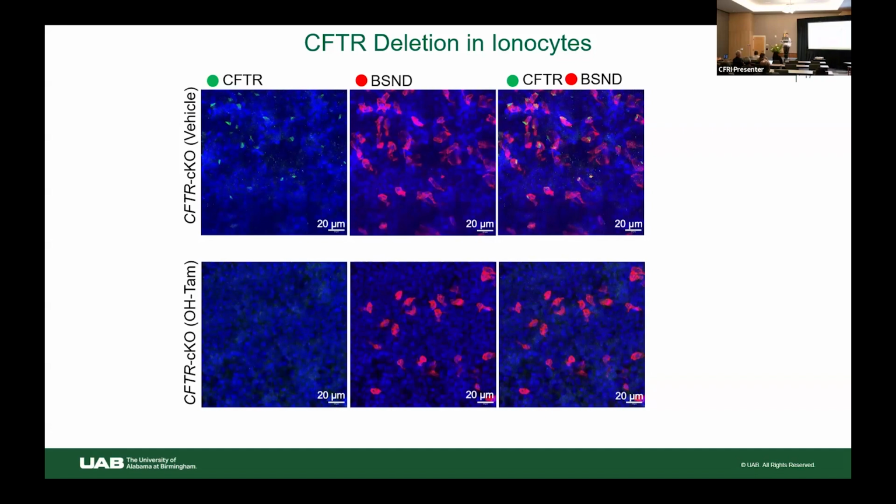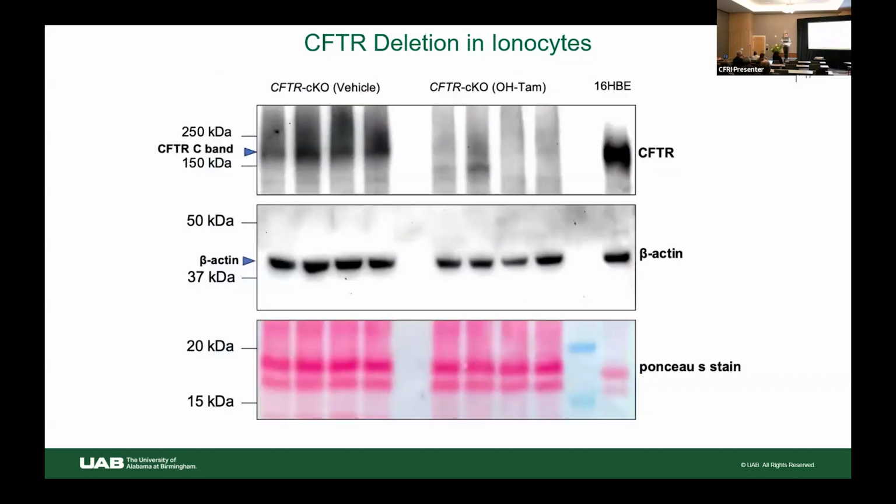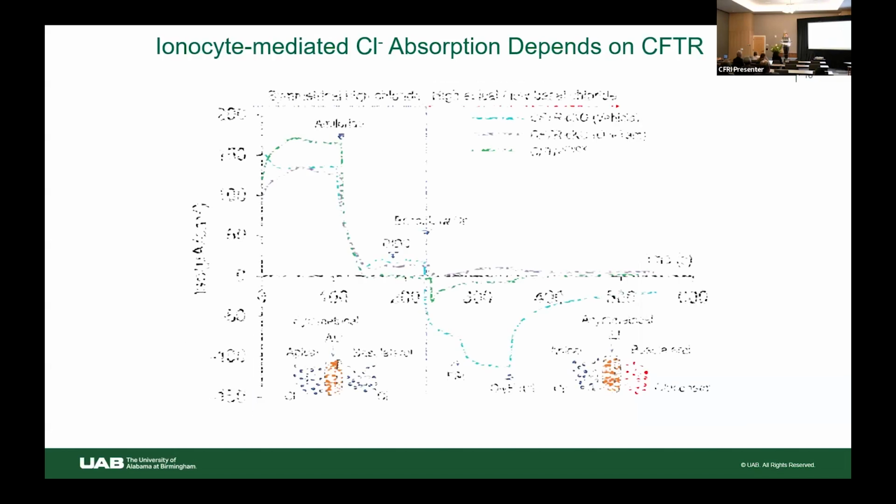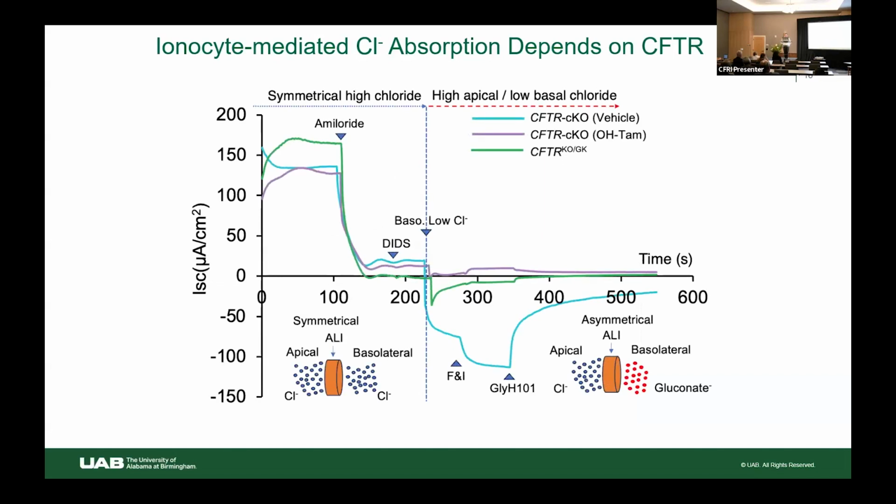Then next we go to a more quantitative method, Western blot. We can see here in the Western blot, the control group shows the CFTR C band, and the conditional knockout shows the absence of the CFTR C band. Then next we tested how the ionocyte-mediated chloride absorption depends on the CFTR.